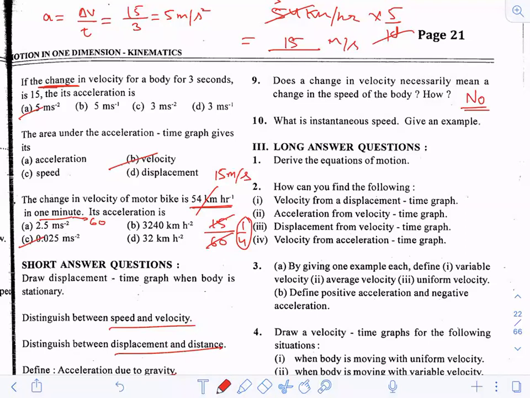Why? Just see here. If a body is moving on a circular track, suppose its velocity is 10. Here also the velocity is 10. You can run along a track with the same speed. But is the direction same or changing at all the 4 points?